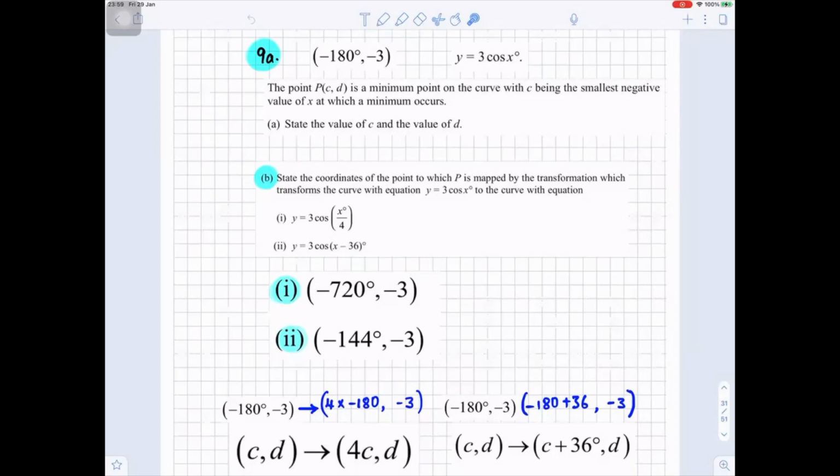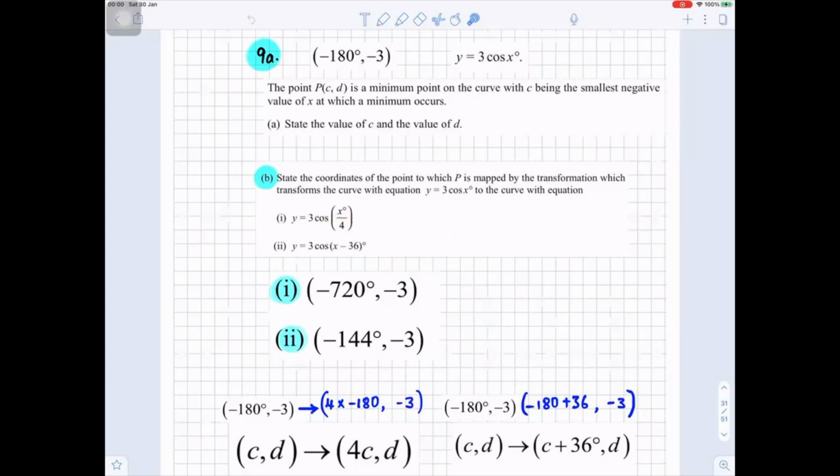And part B, state the coordinates of the point to which P is mapped by the transformation which transforms the curve with equation y equals 3 cos x degrees to the curve with equation y equals 3 cos (x degrees over 4). What happens here is when you divide by 4, you would multiply the x value by 4.